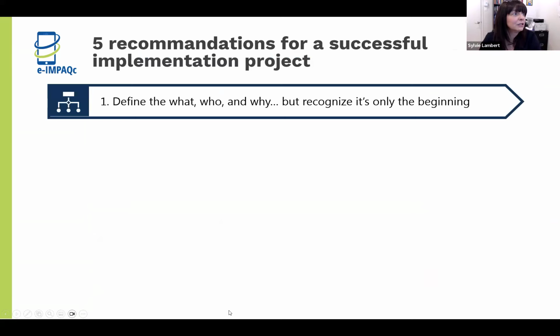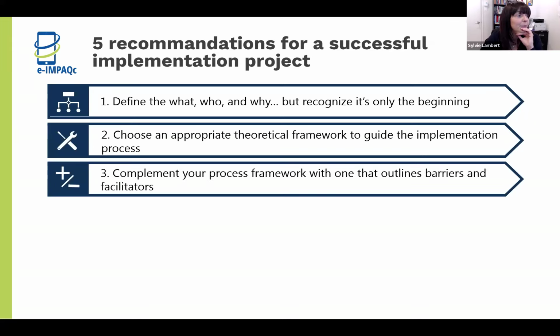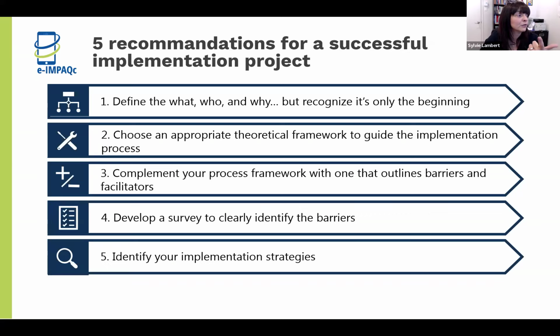My 5 recommendations for a successful implementation project are: define the what, the who, and the why, which was the first part of my presentation, and your questions were about why the cutoffs, and that's okay, but recognize it's only the beginning, and most of the time is spent on the how, on implementation. Ground yourself in key implementation science tools: a process implementation framework, your knowledge-to-action framework, and a barriers and facilitators framework.